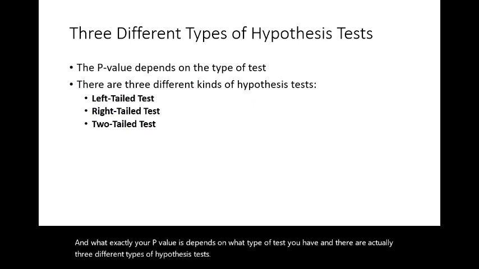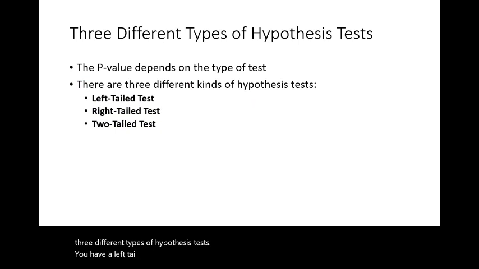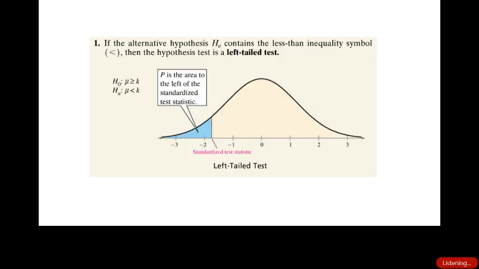You have a left tail test, a right tail test, and a two-tail test. And what type of test you have actually depends on the claims that you have, both the null hypothesis and the alternate hypothesis. So let's say that your alternate hypothesis, HA, contains a less than symbol.